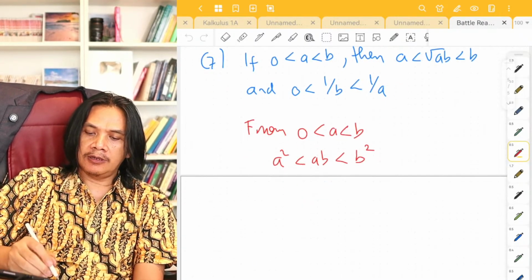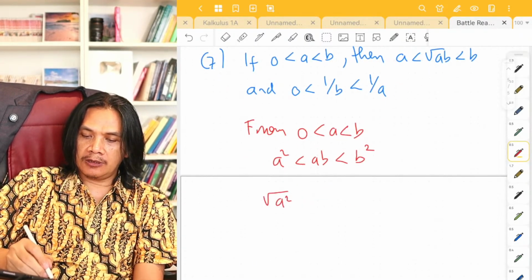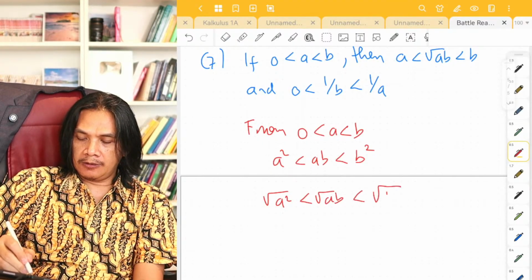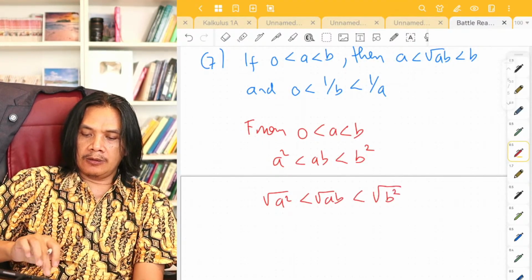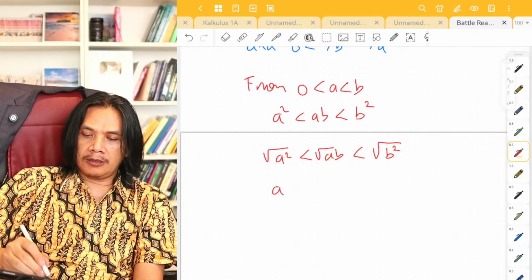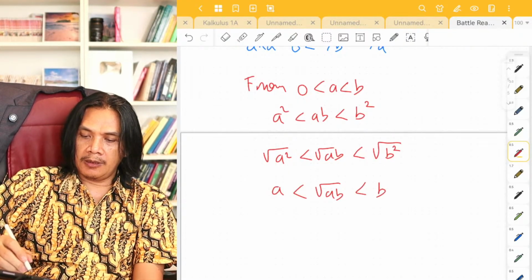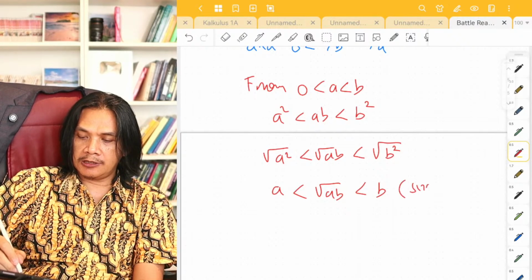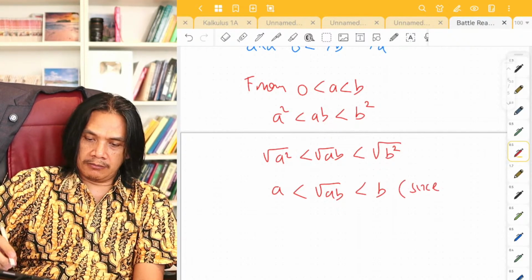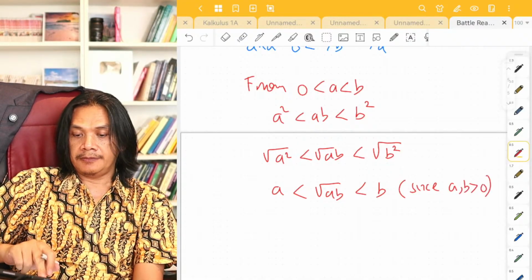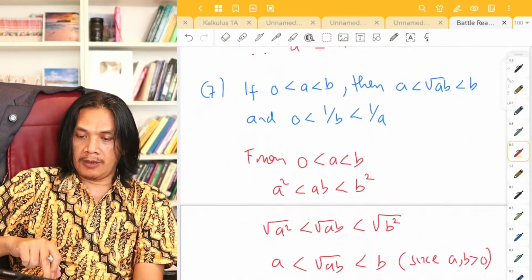So just to make sure that you know. Then you write a less than square root of ab less than b, since ab is positive. Okay, done. Now the other one.